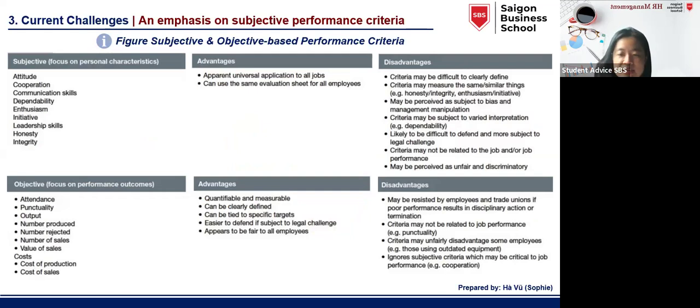To avoid this, it's beneficial to use a mix of both objective and subjective criteria. For instance, Singapore Airlines combines both approaches by evaluating employees on quality and quantity of work, such as dependability and teamwork, other factors like job attitude and behavior, as well as management skills like supervision and communication.